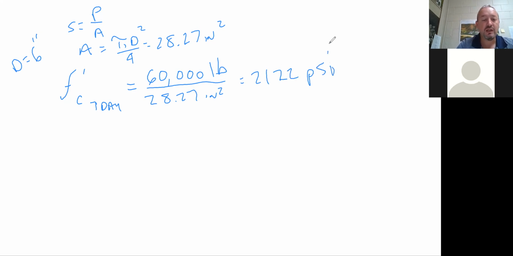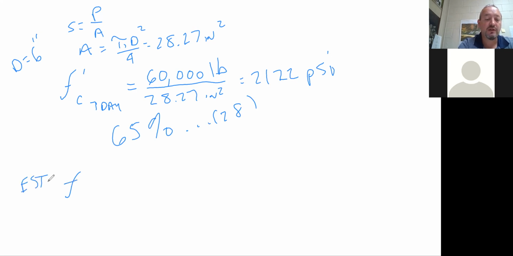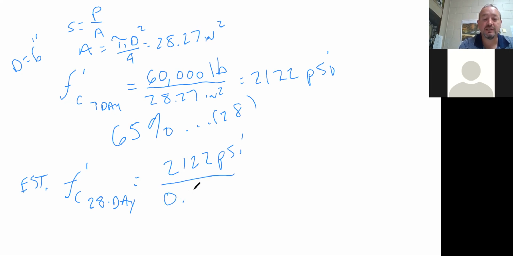Now, once again, if we assume based on figure 4.2 in your book that at 7 days we're at 65% of the 28-day strength, then what would the estimate be? We estimate the f prime c 28-day would be equal to the 7-day strength, 2122 PSI, divided by the 65% as a decimal.